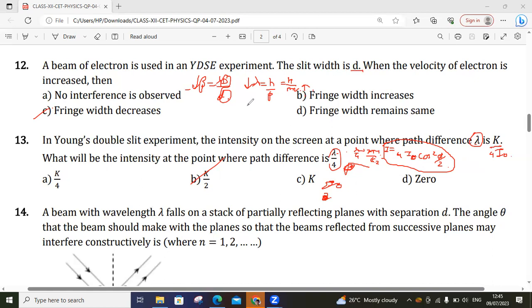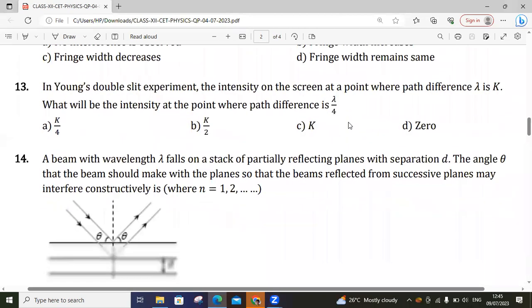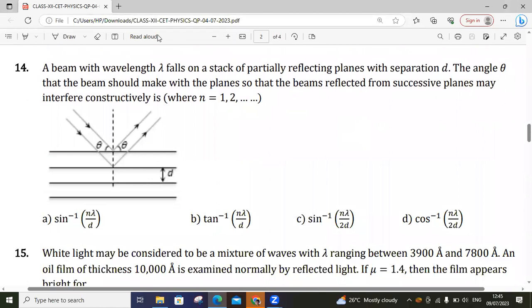We'll go for the 14th one now. This is a good question. What is the question? A beam with wavelength lambda falls on a stack of partially reflecting planes with separation d. Here is the diagram. Its wavelength is lambda. This separation is d.